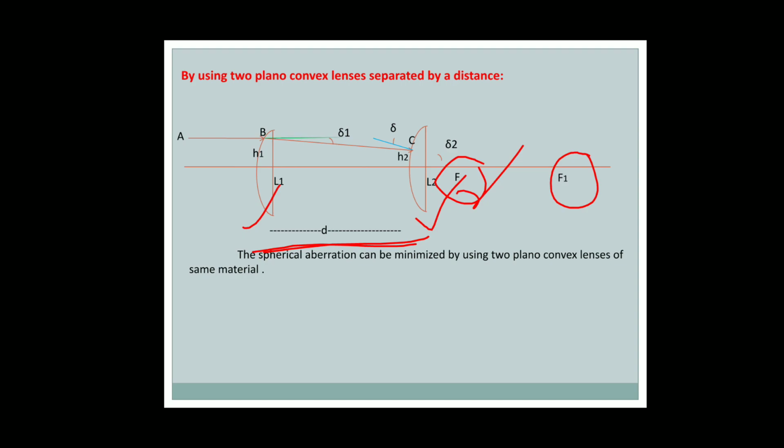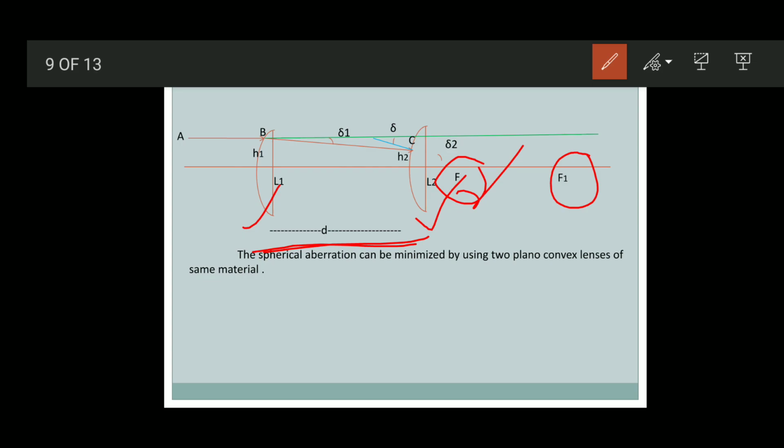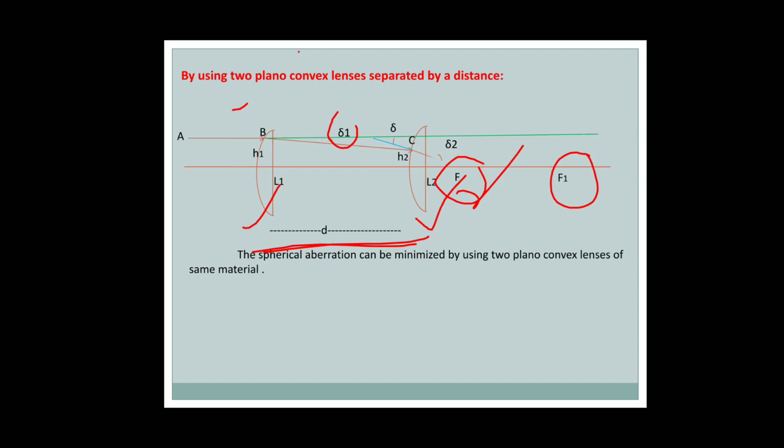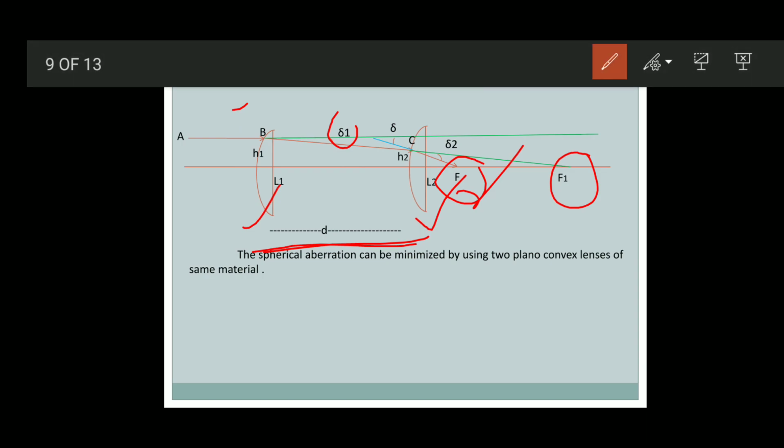Now delta 1 is the angle of deviation at the curved surface of L1. This ray is again deviated along CF2, making angle delta 2, the deviation at the second curved surface.